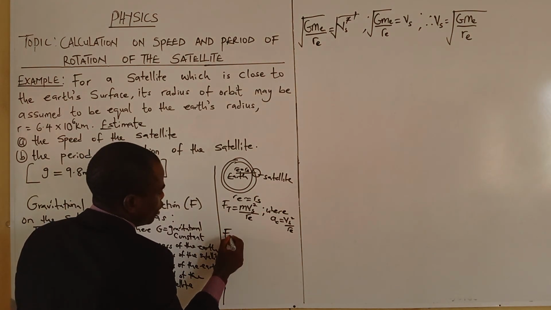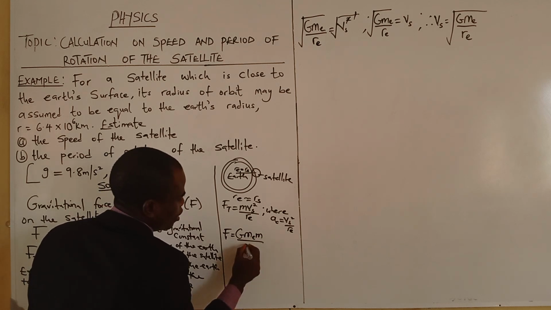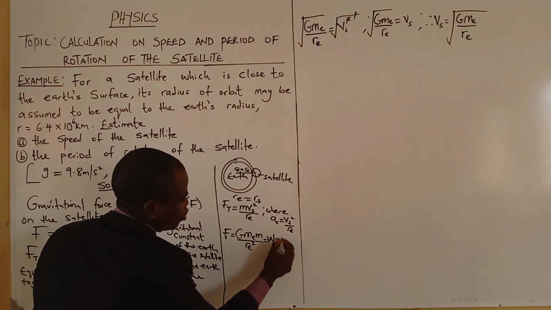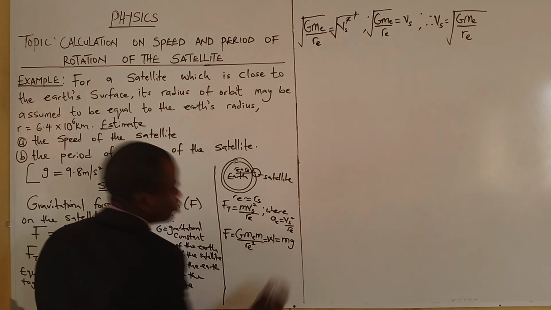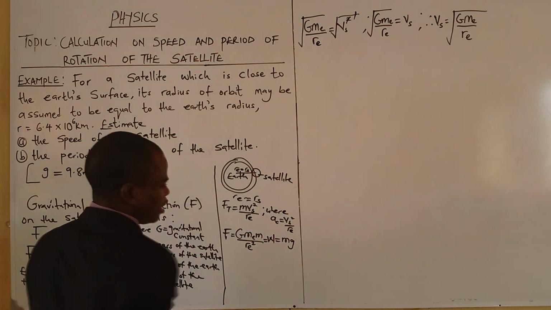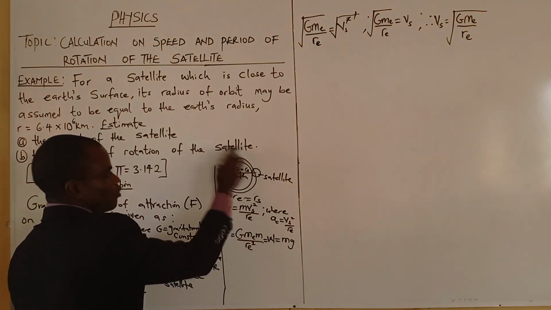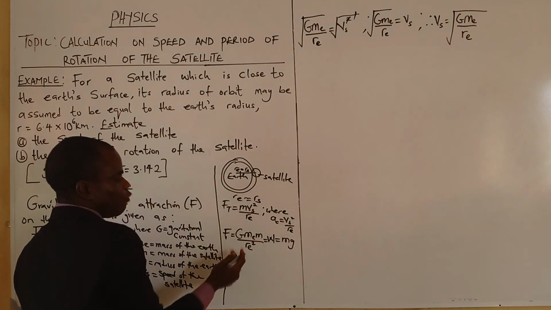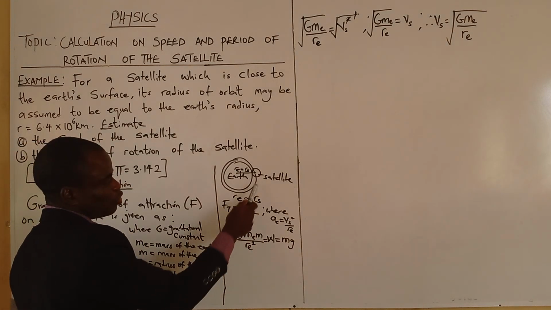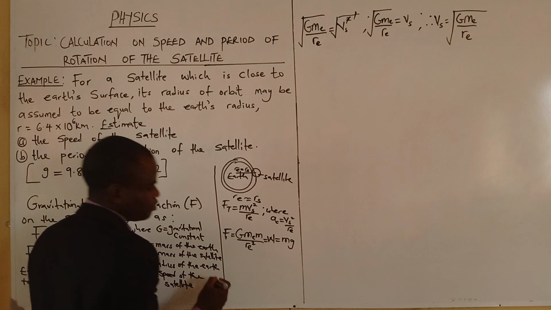We know that the gravitational force of attraction, G ME m over RE squared, equals the weight, which equals the mass times g of the satellite. The force of gravitation has a relationship with the weight of the object, that's why you have to equate them together.